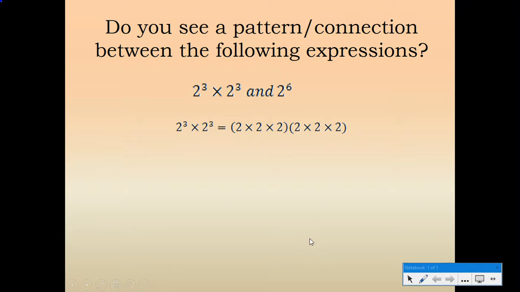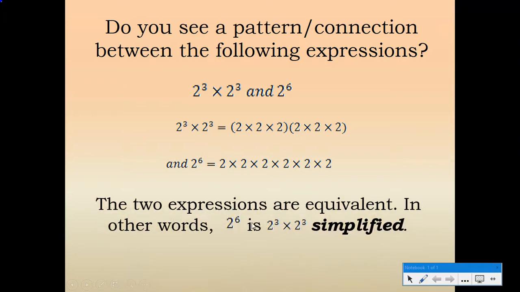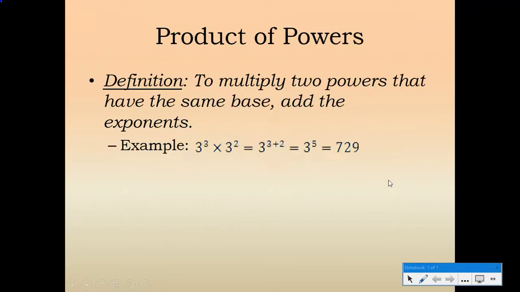So do you see now where the connection between this expression and this expression comes from? 2 to the 6th would be 6 2's being multiplied together. And so you see that the two expressions are equivalent. In other words, 2 to the 6th power is 2 cubed times 2 cubed simplified. There are 6 2's total.